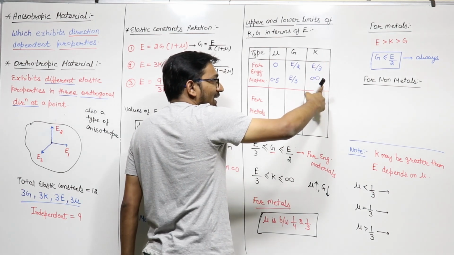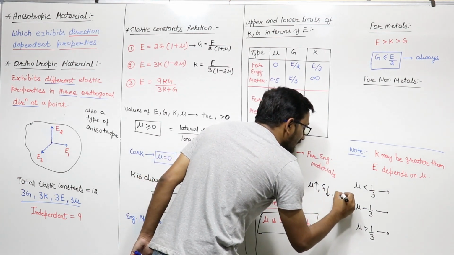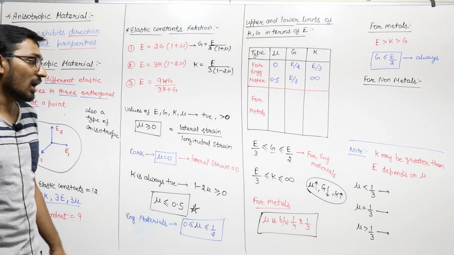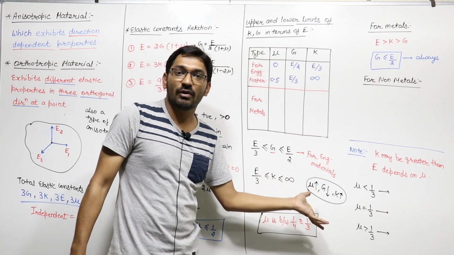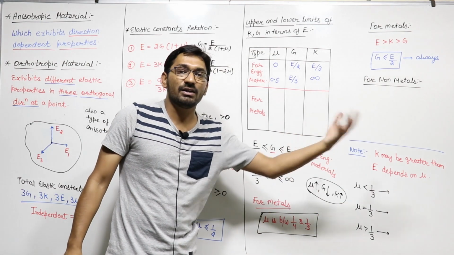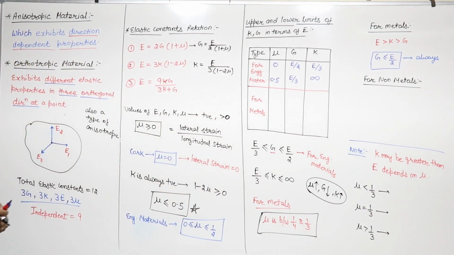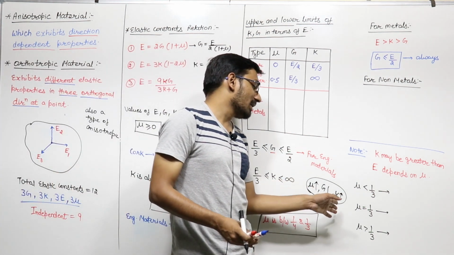If I increase the value of mu, the value of K is increasing. This is for engineering materials. These data will be helpful for you in solving objective type questions in GATE or engineering services exams. With the increase of Poisson ratio, the modulus of rigidity is decreasing but the bulk modulus is increasing.